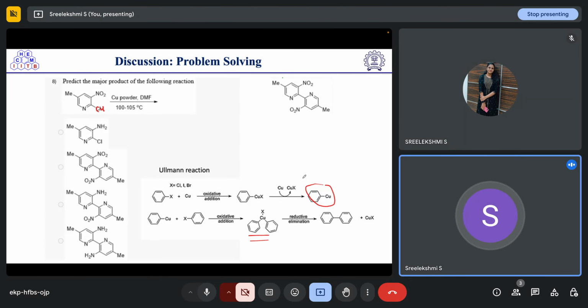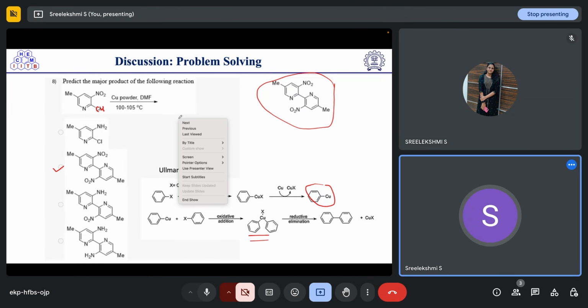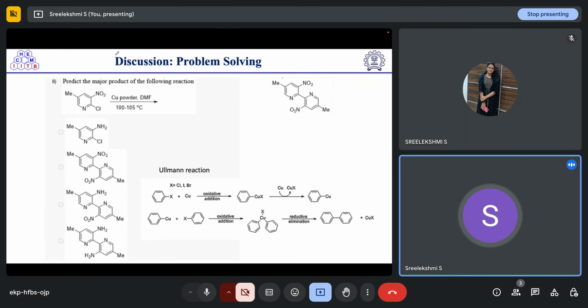Homocoupling means the same molecule will be coupled twice to get this dimeric kind of molecule. So this is also an example of the Ullmann coupling reaction. Not going into the details of the mechanism because we have already seen this several times.